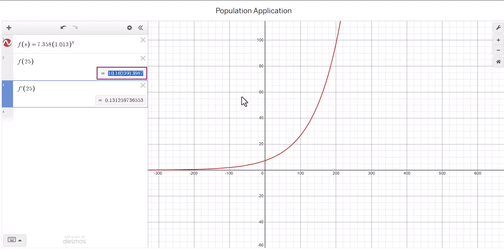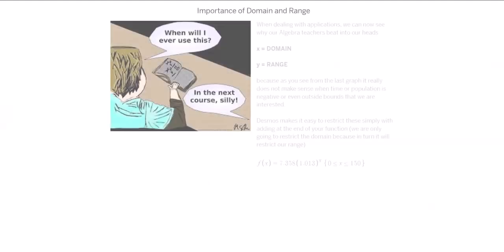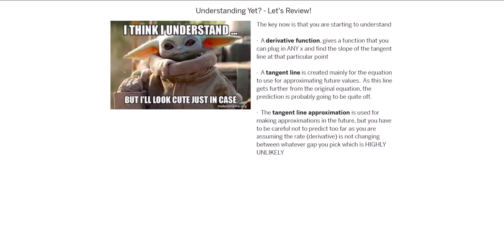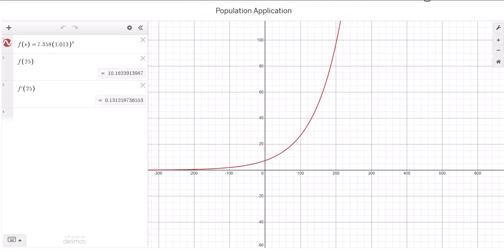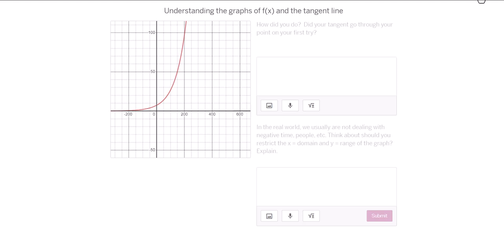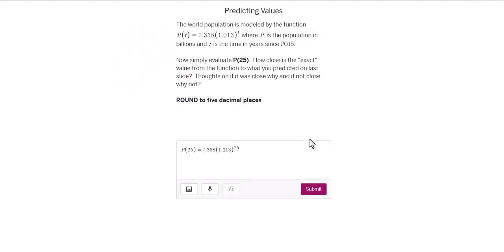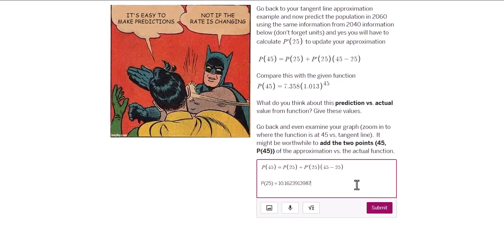I wonder if I can copy this. We will see. So F of 25, or P of 25 in this case, equals that value. And then F prime of 25, this once again is your slope, which would be P prime of 25.